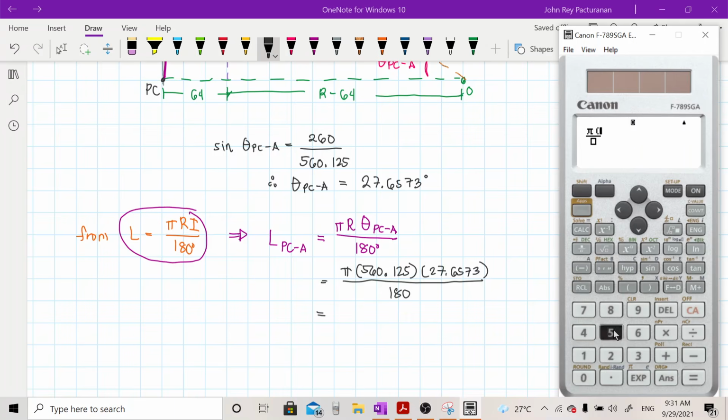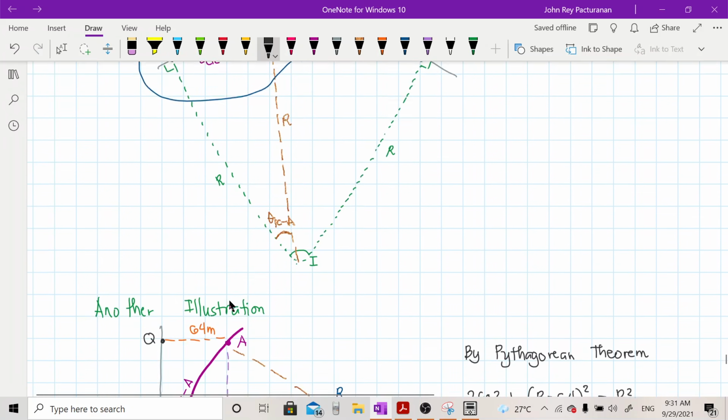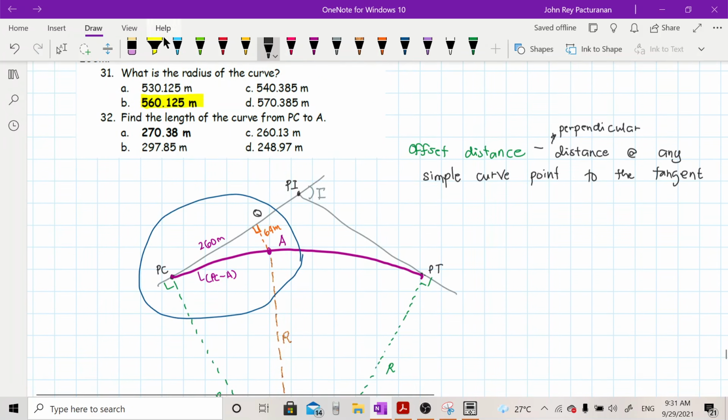Pi 560.125 27.6573 divided by 180. Kaya ang sagot natin ay 270.378 meters. Taas na natin kung yun ba yung nasa choices. Yes.